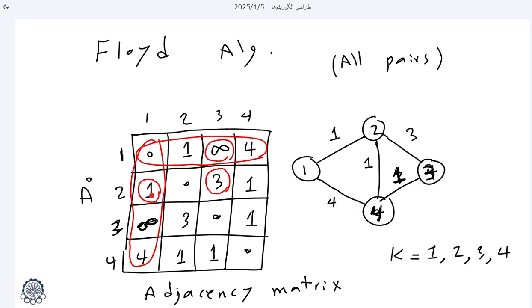If we add these two values, 1 and infinity, we get infinity. The other choice is 3. The minimum value between infinity and 3 is 3, so this value does not change. This value is not changed and remains itself.